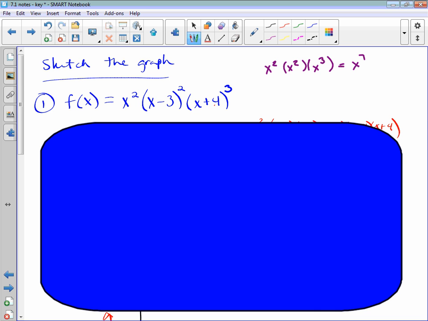So the degree is actually 7. You'd obviously have a lot of other stuff if you multiplied it out, but that would be your first term. Does that make sense to you or not? Okay. So what's the degree of it? It's factored, so you've got to add them all up.